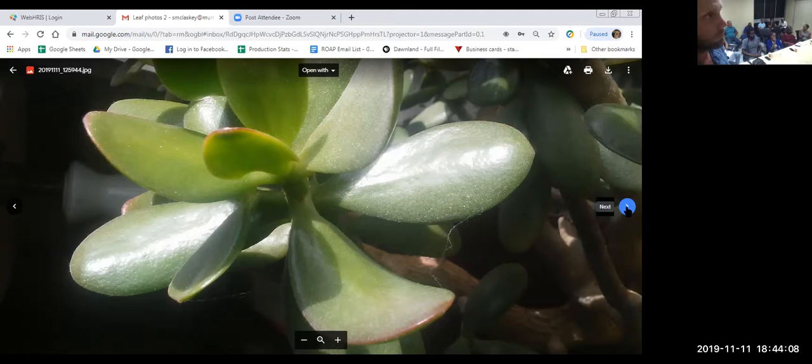Gotcha. But that's just because the leaves are so thick, it's storing water to protect itself pretty much. Yeah, it's storing up for the dry season. We don't know. We can't see it.